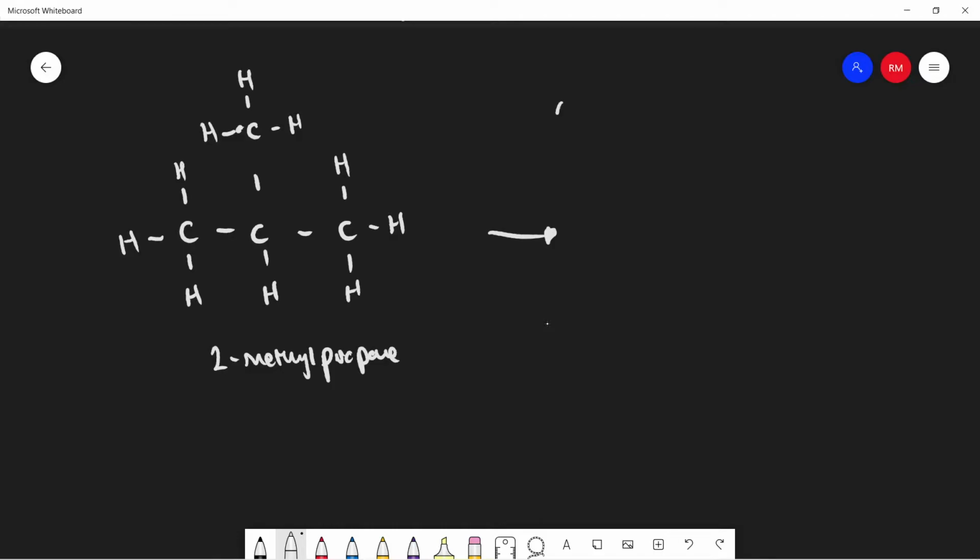Just going to give you a clue. Use brackets. Going to give you 2 seconds here just to sort of try and draw this down. So this should look something like this: CH3, CH, bracket CH3, CH3. Now what these brackets actually mean is just what's bonded onto that middle carbon here.